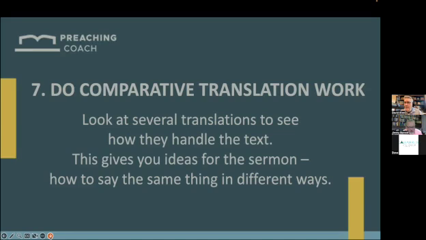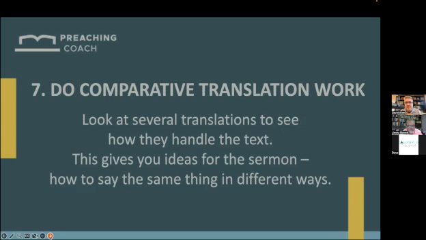Are there other ways that can be expressed to keep me from becoming monotonous in my sermon? It gives me variety. And that's the reason, a very important reason, for this particular step of doing comparative translation work. So look at how the different translations treat your text.